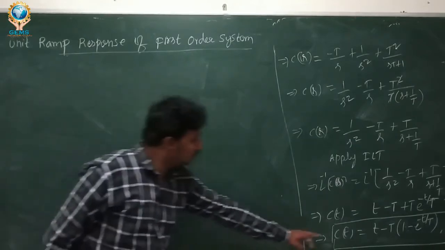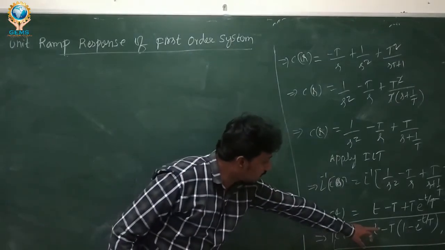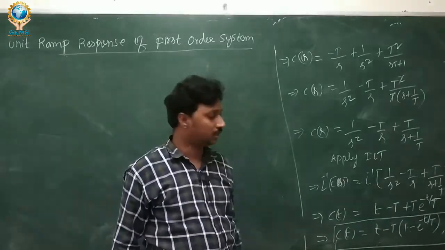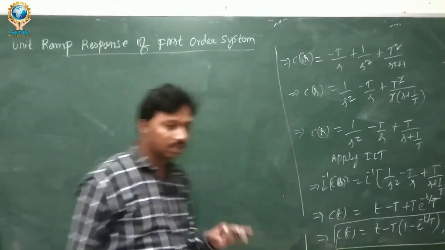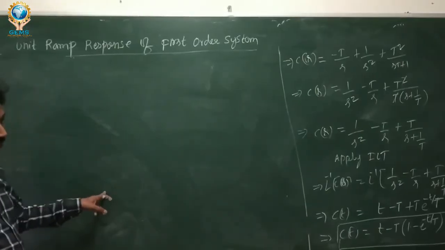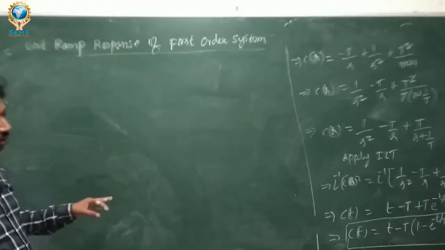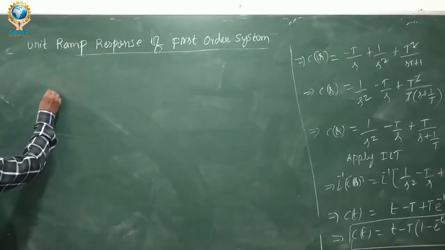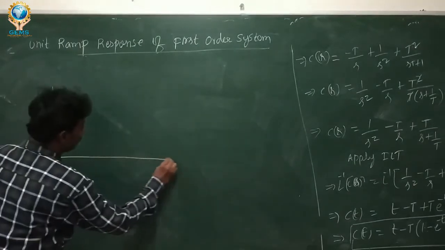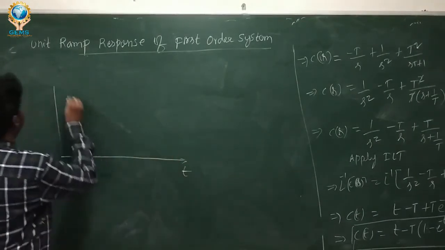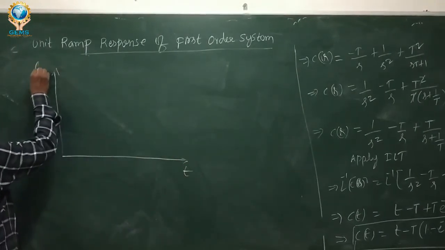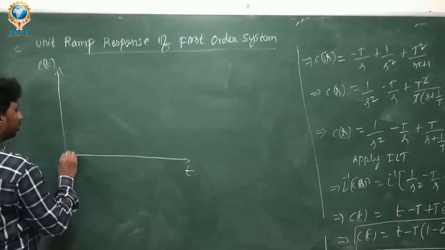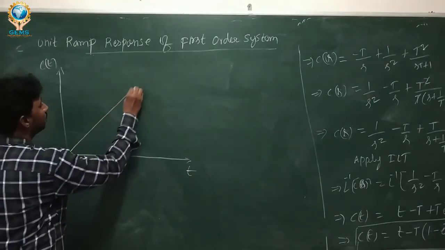So you got c of t is equal to t minus T into (1 minus e raised to minus t by T). If you substitute in this equation t equal to 0T, t equal to 1T and t equal to 2T, you will get this response. So this is c of t at t equal to 0. This is your input signal, the ramp signal you have given to your system.